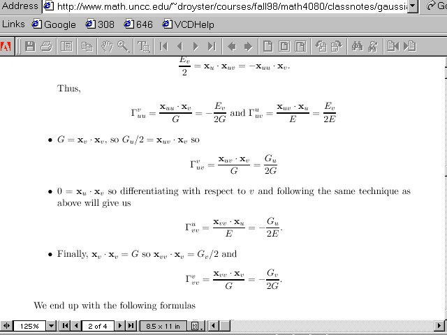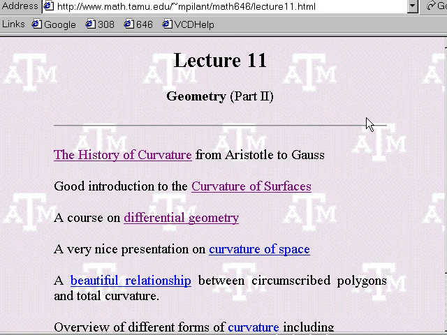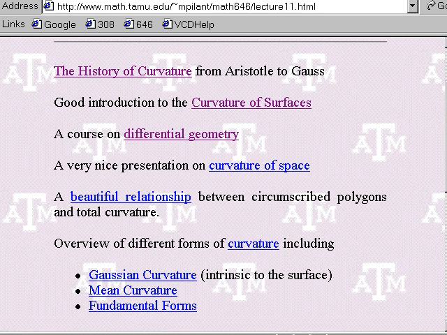And f equals 0 just means that you have an orthogonal coordinate system on your surface. There are numerous references in here, starting from very simple curves, curvature in the plane, to arc length, to the Frenet relationships, calculating curvature and torsion in a 2D curve in 3-space, and surfaces, tangent planes, etc. If you haven't had a course in differential geometry, that would be a very nice introduction to it.